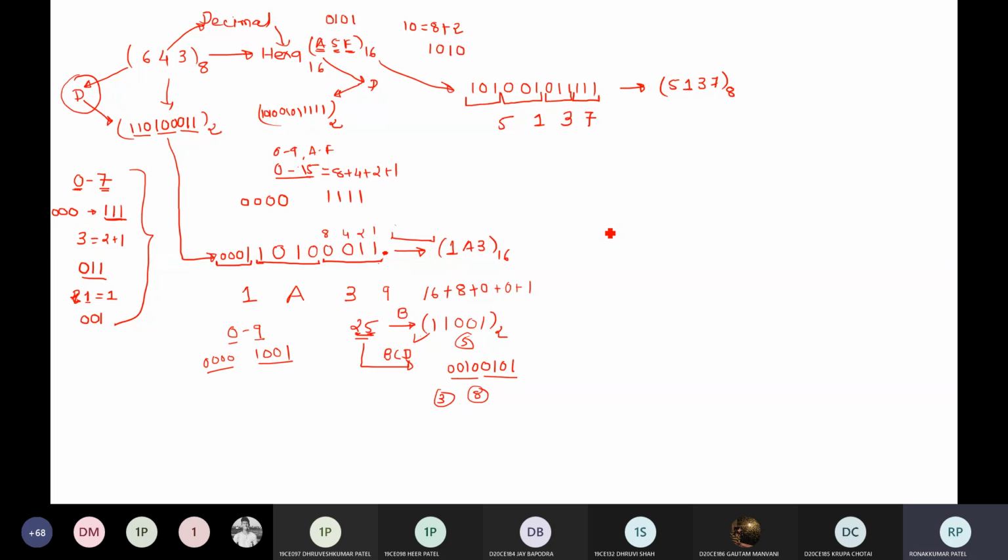Once we feel that the practical is finished, then on Teams we will float an assignment for uploading, and in that you need to upload your practical. We will evaluate your practical.